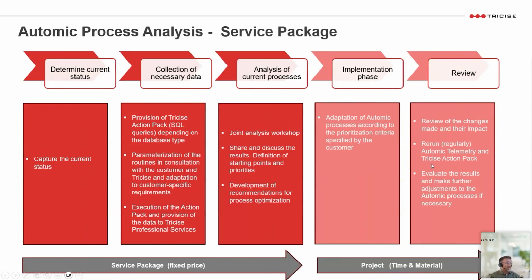Rerun the action pack. Redo the analysis, of course. And this is in this light gray, sorry, colorblind, light red colored area. This is project work we will do for you based on time and material. No fixed price, it depends on the amount.